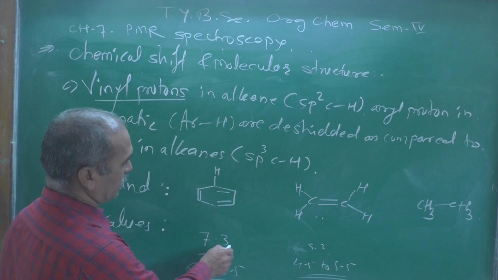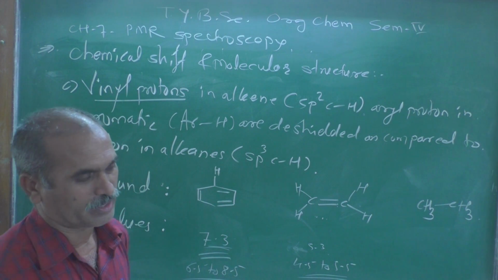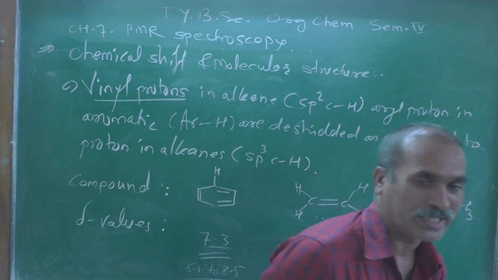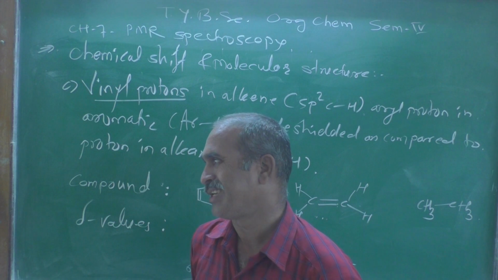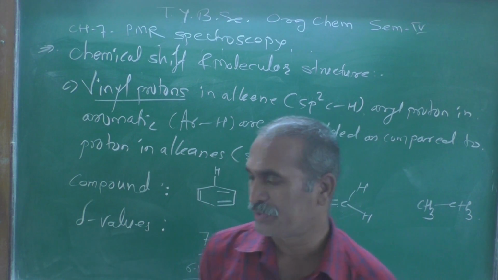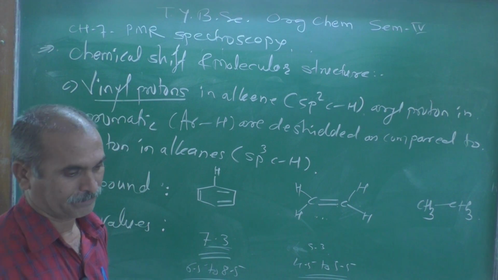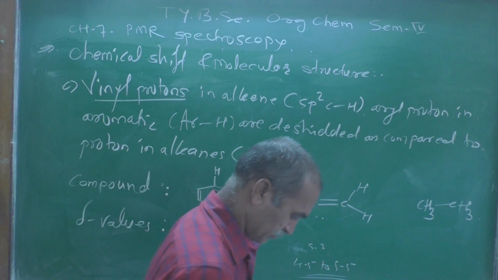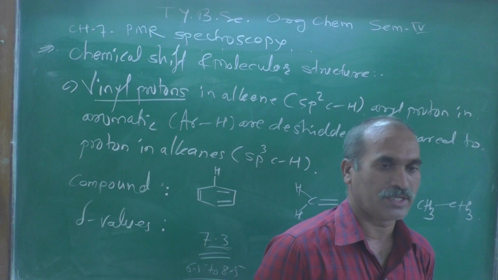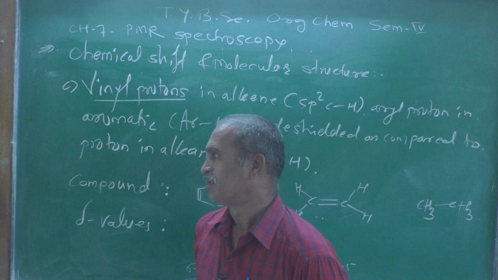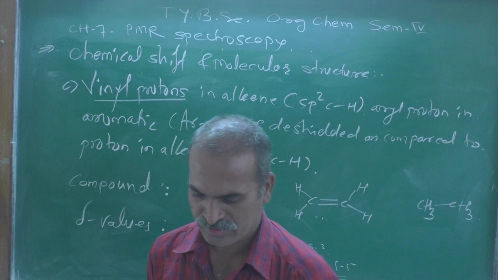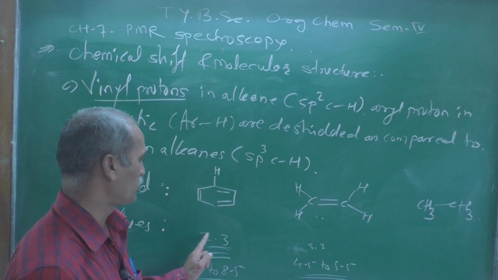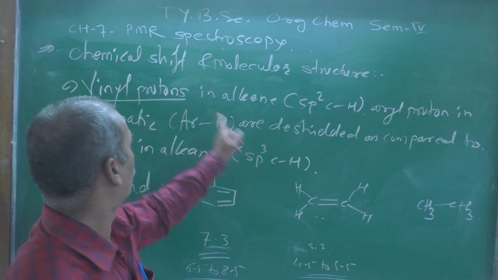But here the range is 6.5 to 8.5 depending upon other electronic factors, generally electron withdrawing and electron donating groups, and how they affect the chemical shift value. That type of detailed study you will learn in future. Here just remember the aromatic compound has a chemical shift value of 7.3.